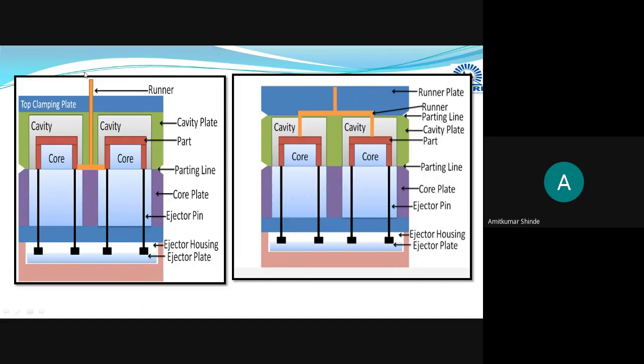Whichever molten plastic material is there, it will enter through the runner, sprue and gate into the actual mold cavity.